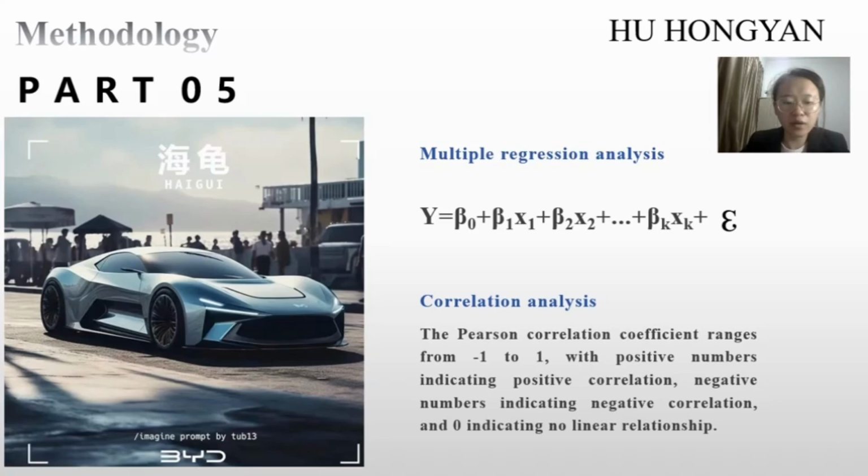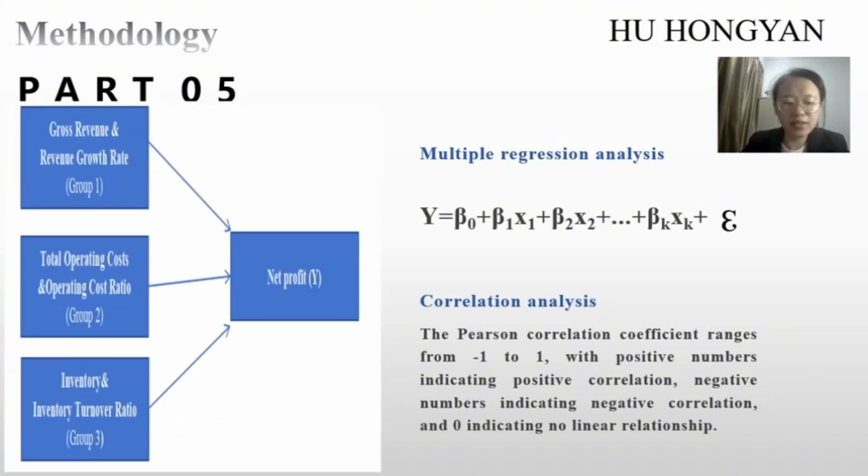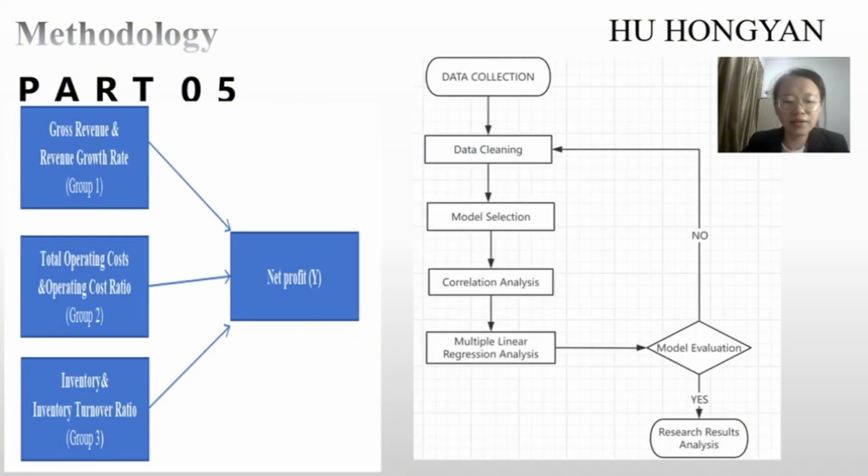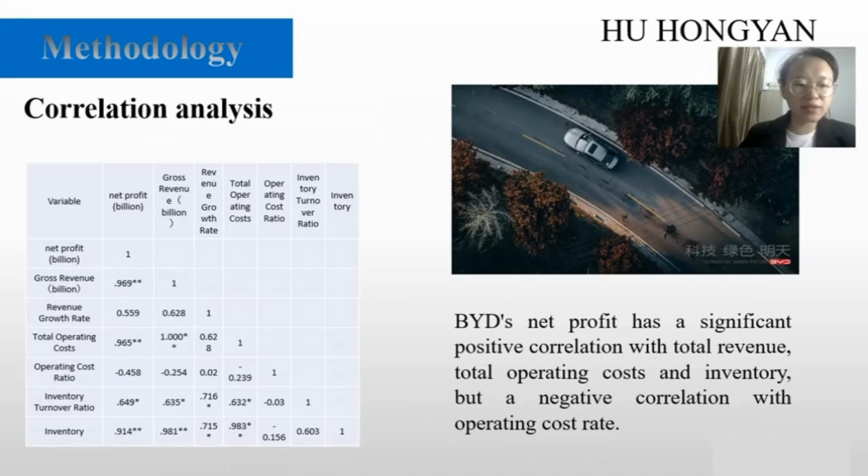Correlation analysis can help us understand the relationship between different accounting factors and their correlation with net profit. Then I divided the selected variables into three groups of independent variables and used the multiple linear regression model to analyze their impact on the dependent variable, net profit. Then my research framework.